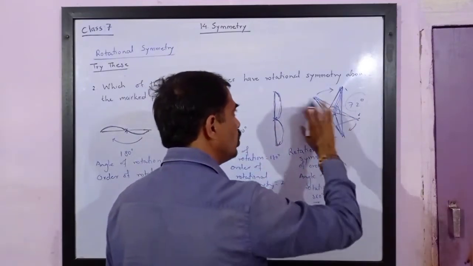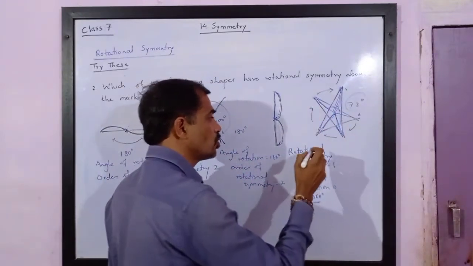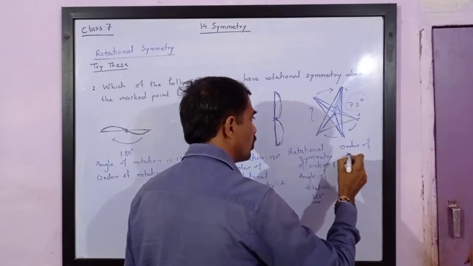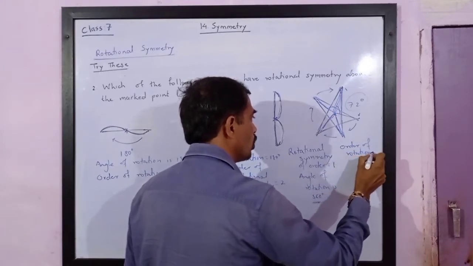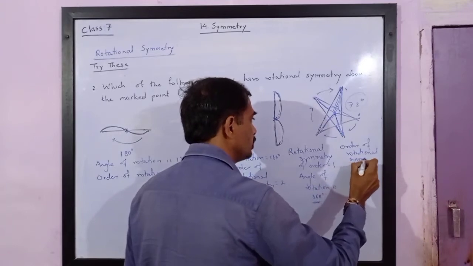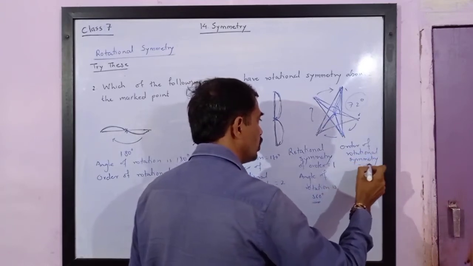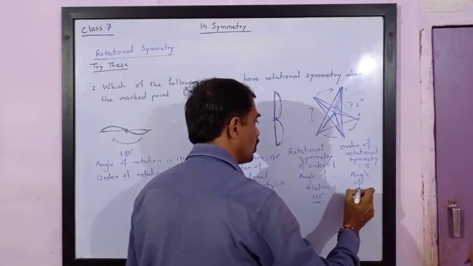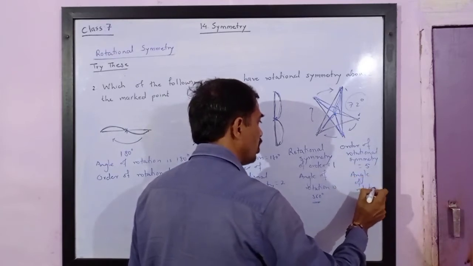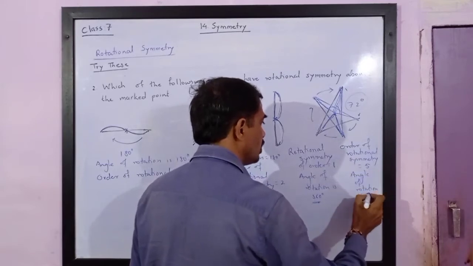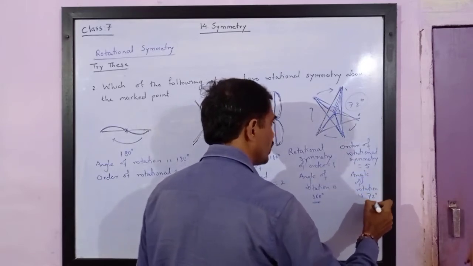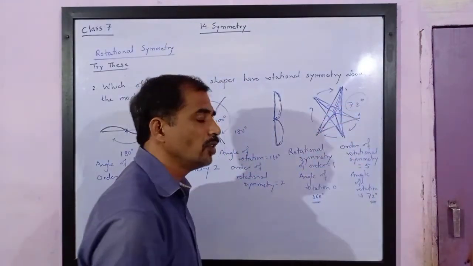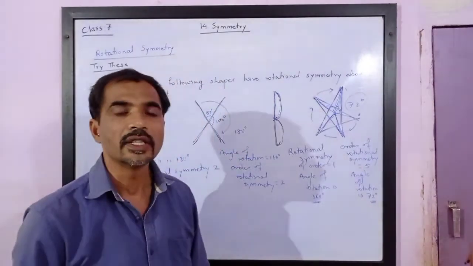So here you will notice there are actually 5 positions. So order of rotational symmetry is equal to 5, and angle of rotation is 72 degrees. 72 plus 72 plus 72 plus 72 plus 72 will make 360 degrees.